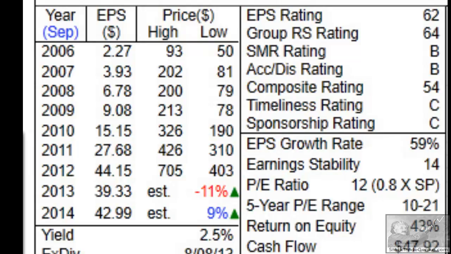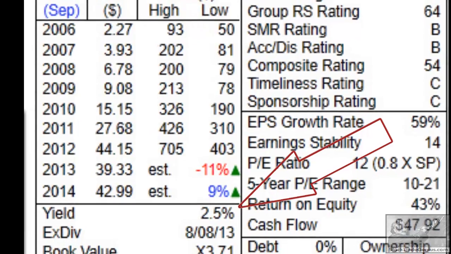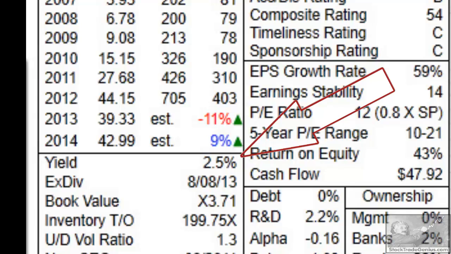Looking back over to the left now, you'll see something called yield. Yield is essentially how much money they pay in a dividend as a percentage of the stock price. So they pay 2.5% if you bought it today at $483.03. They actually give you a check for that every year, 2.5%, whatever that turns out to be.